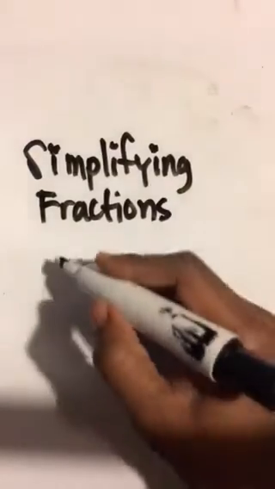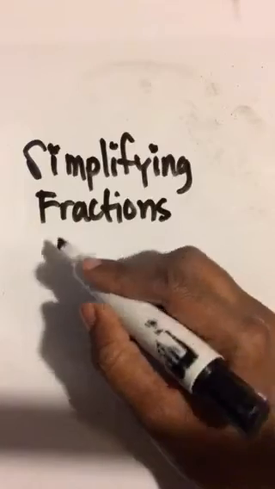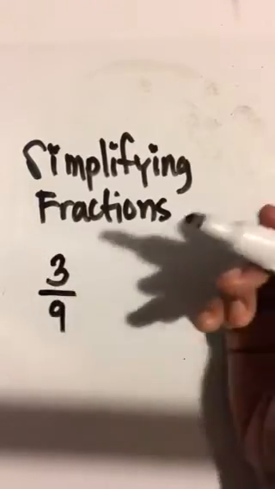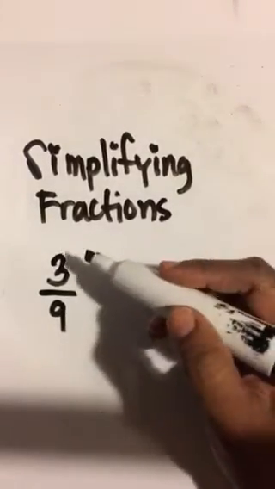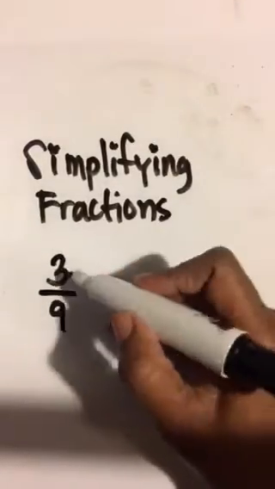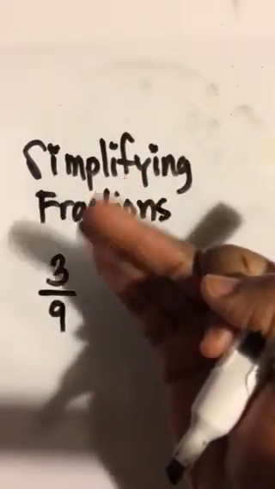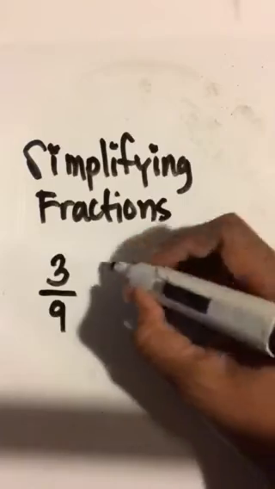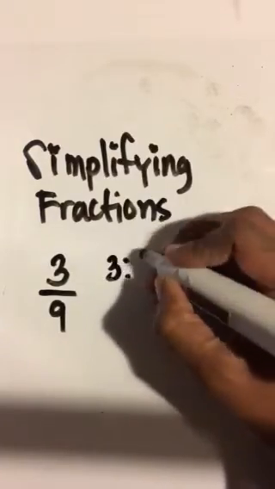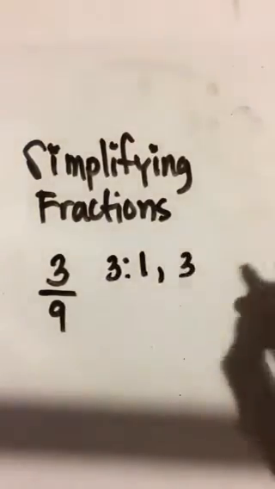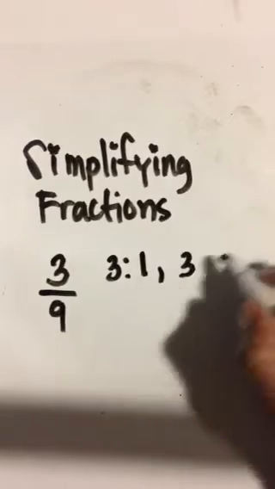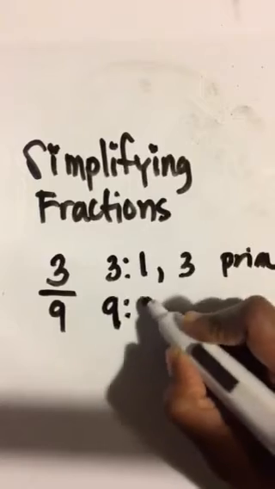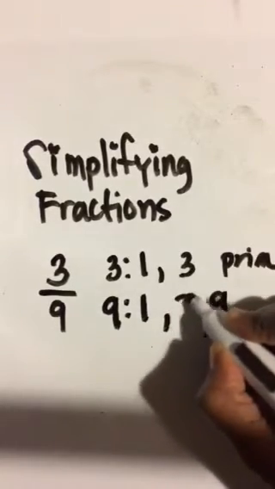What about, let's say we have 3 9ths, odd numbers, okay? We still want to find factors. I know that 3, 6, 9, 3 and 9 both have the common factor of 3, but I'm still going to find the factors. 1 and 3, so 3 is a prime number, and 9. 1 times 9, and then 3 times 3.